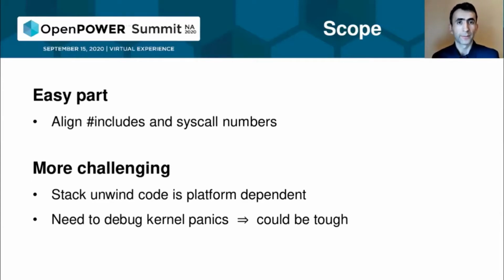The more challenging part will contain porting the stack unwind code, which is platform dependent, and we also need to debug panics because we are porting a kernel module, and we need to be ready to meet them.